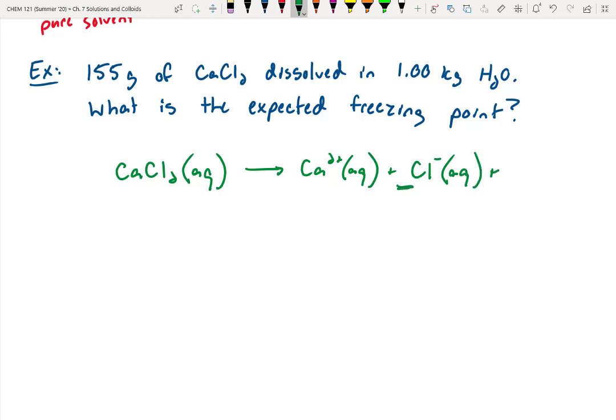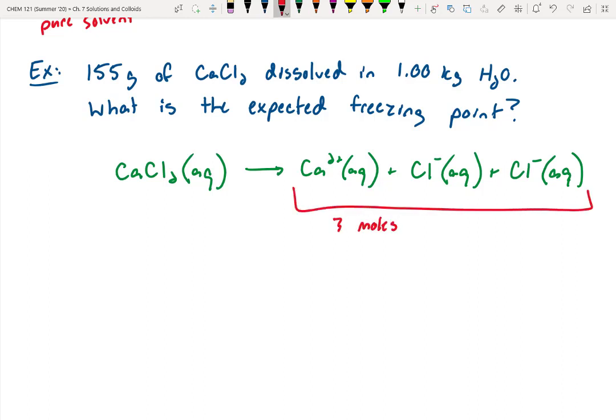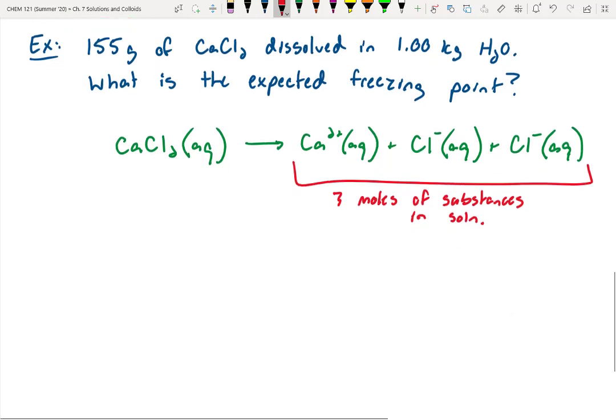Oftentimes we just show a coefficient 2 in front, but I'm going to break it down just for emphasis. The reason I do this is it clearly shows that we have 3 moles of substances in solution, because this completely dissociates. So that's going to be our N value.